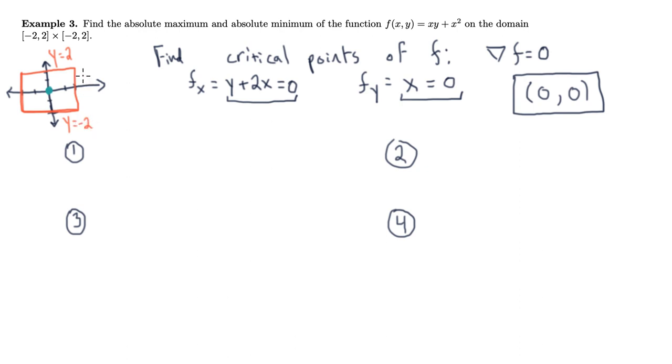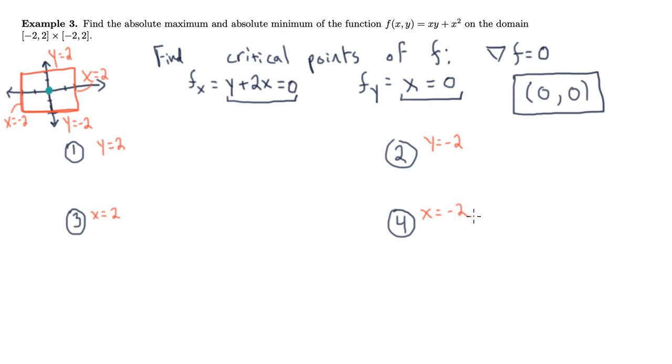That's our other boundary component. We have x is 2 on the right-hand side, and x is -2 on the left-hand side, like that. So we'll look first at y equals 2, y equals -2, x equals 2, and x equals -2.